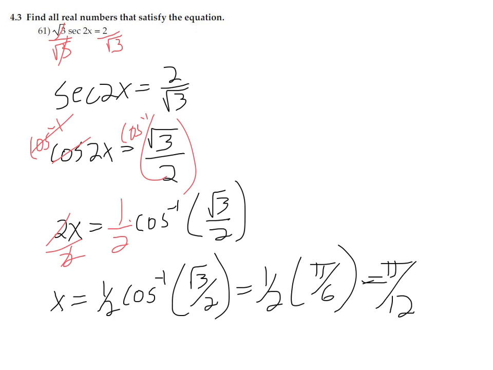However, that's not the only answer. First off, it says find all solutions, so we know we're going to have to do some kind of k pi, 2k pi business. But also, keep in mind we were trying to solve where is cosine equal to square root of 3 over 2. Now it was 2x and all, but where does cosine equal a positive number?